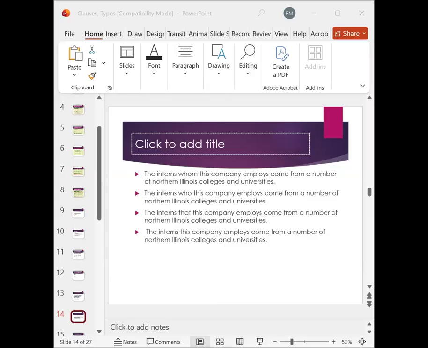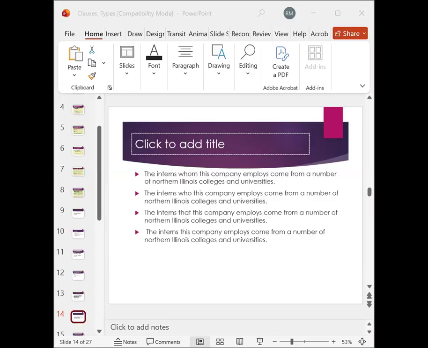Now, this sentence has been written in several ways to show how the different relative pronouns can be used to communicate the same thing. In the second sentence, you realize that the relative pronoun whom has changed to who, and the sentence is still correct. The interns whom this company employs. So this company employs people, and the people are interns.